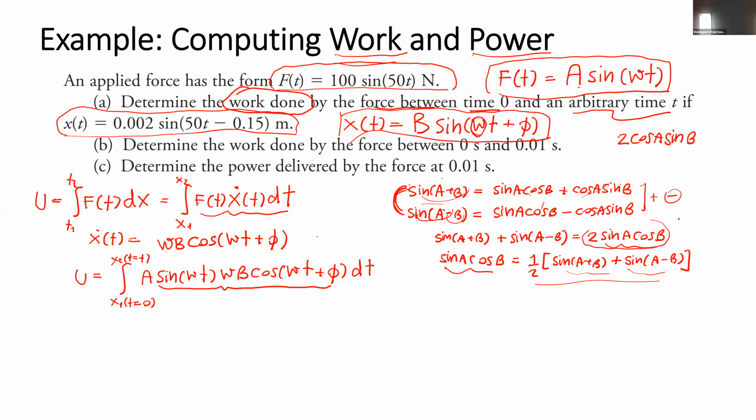Okay, so until now, what can we get from here?